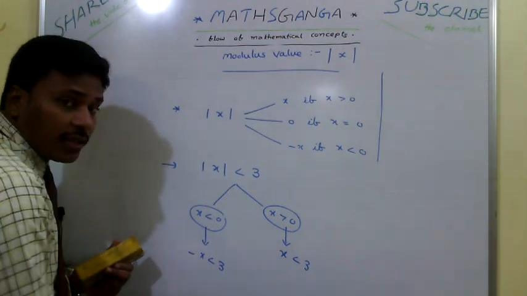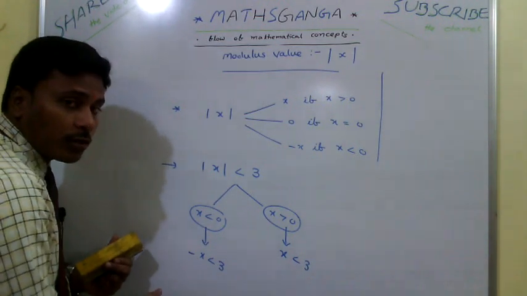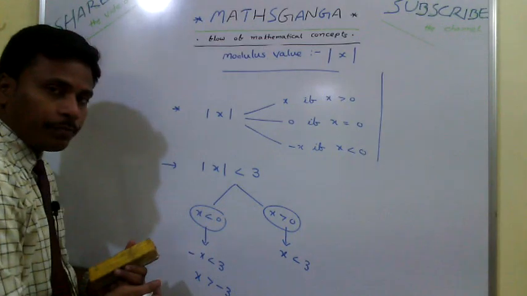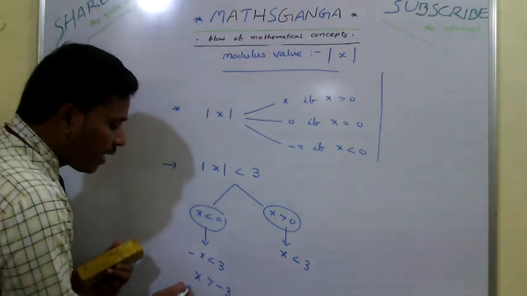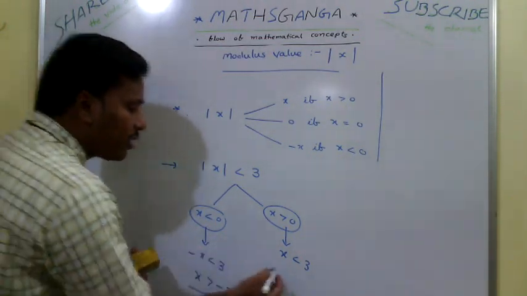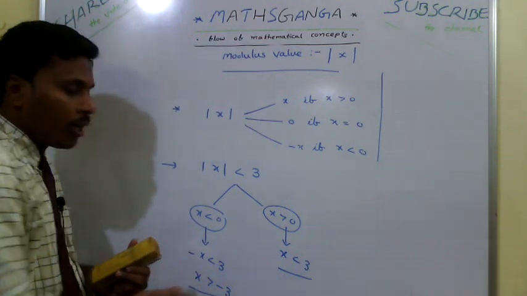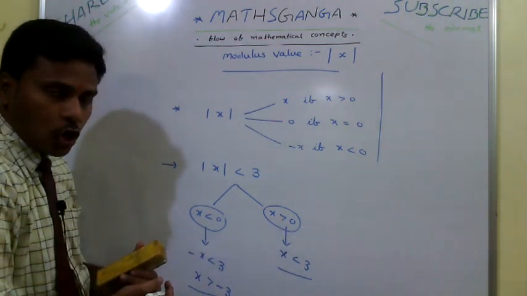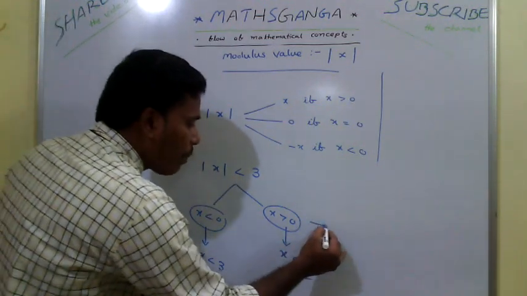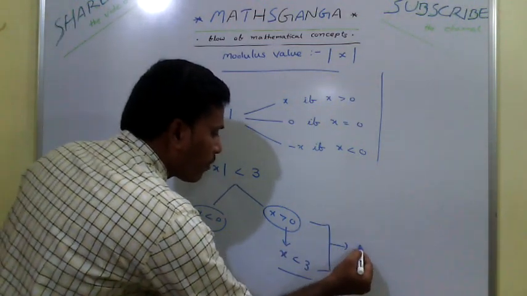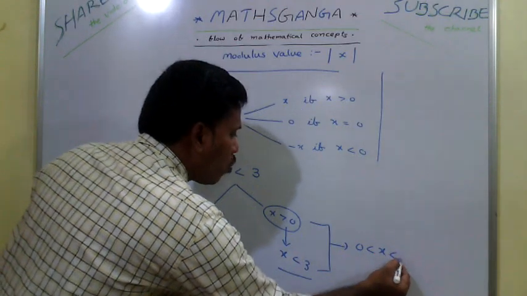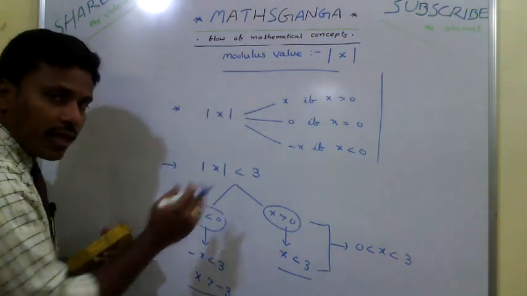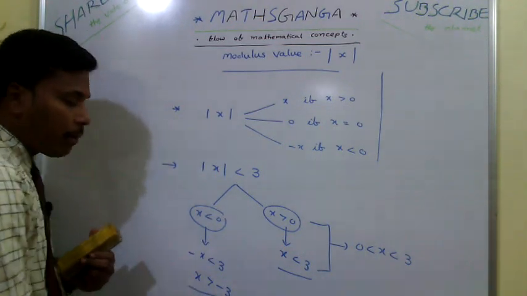Since minus x is less than 3, by multiplying both sides with a minus sign, we get x greater than minus 3. From the first case, x is greater than 0 and x is less than 3. The combined result from these two is that x is in between 0 and 3. In the second case, x is smaller than 0, whereas x is greater than minus 3.